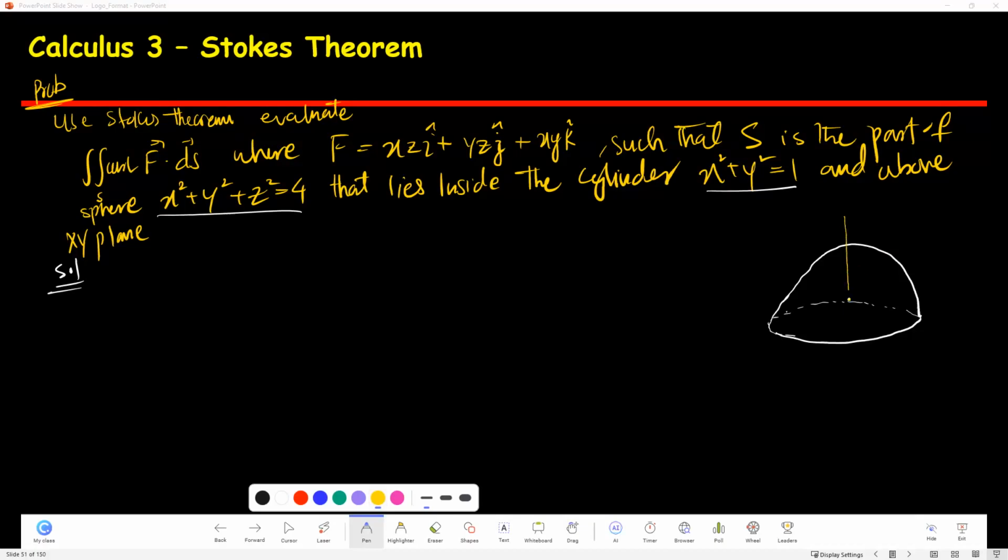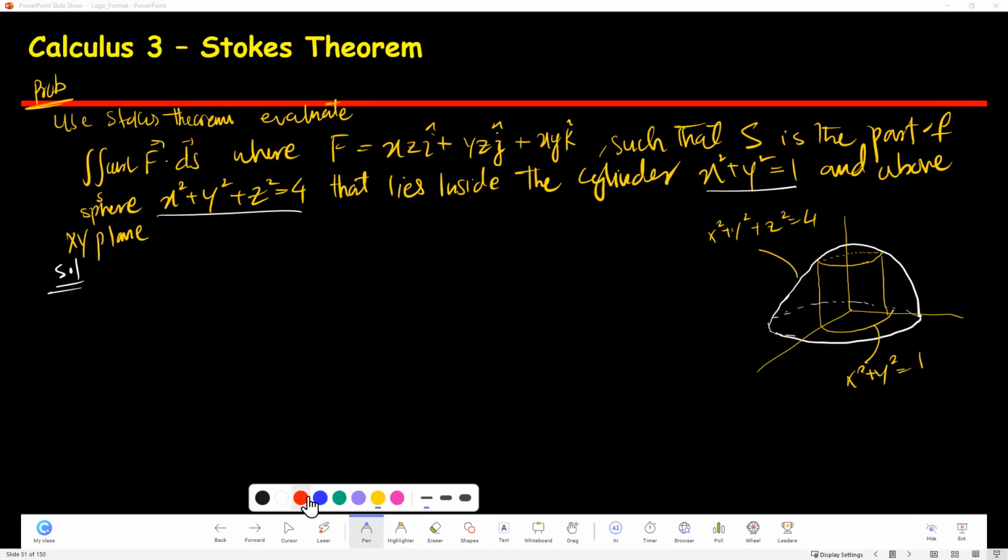And this is my center. The equation of the sphere is given as x squared plus y squared plus z squared equals 4. The equation of the cylinder or the circle is given as x squared plus y squared equals 1.